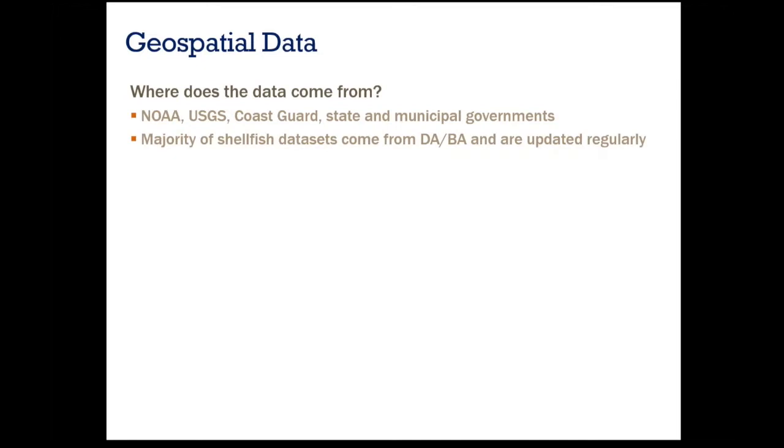The majority of the shellfish data comes from the Department of Agriculture Bureau of Aquaculture, and they are updated regularly. They do a fantastic job updating the data and providing it to me to then port into the Shellfish mapper. And the towns also contribute a great deal of data for the recreational and commercial harvest areas. That's true. Thank you.